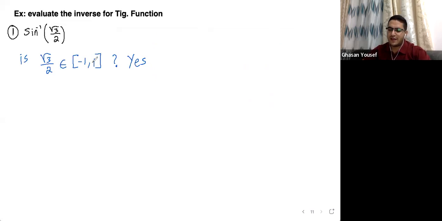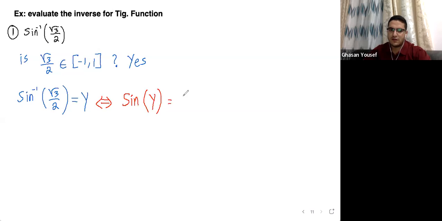Now, the answer is yes. Now you have to write it like this: sine inverse of square root of 3 over 2 equals y. Take the sine for both sides. When I take the sine of this and the sine of this, the conversion is sine of y equals square root of 3 over 2.